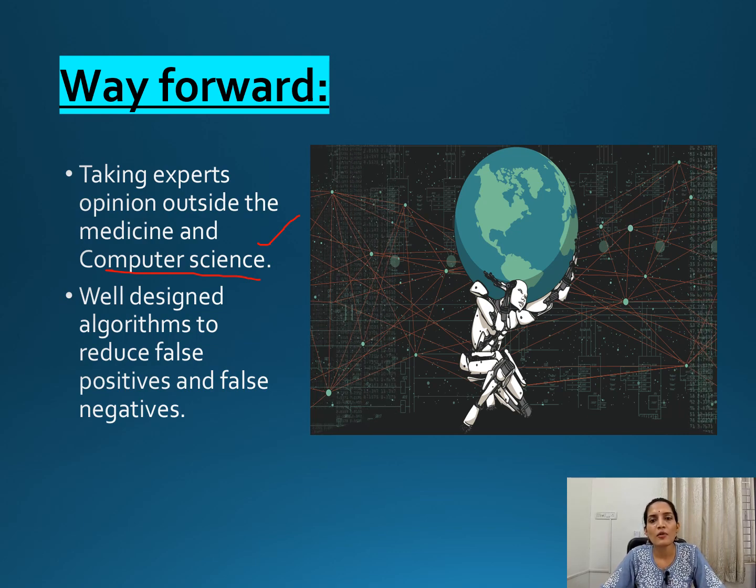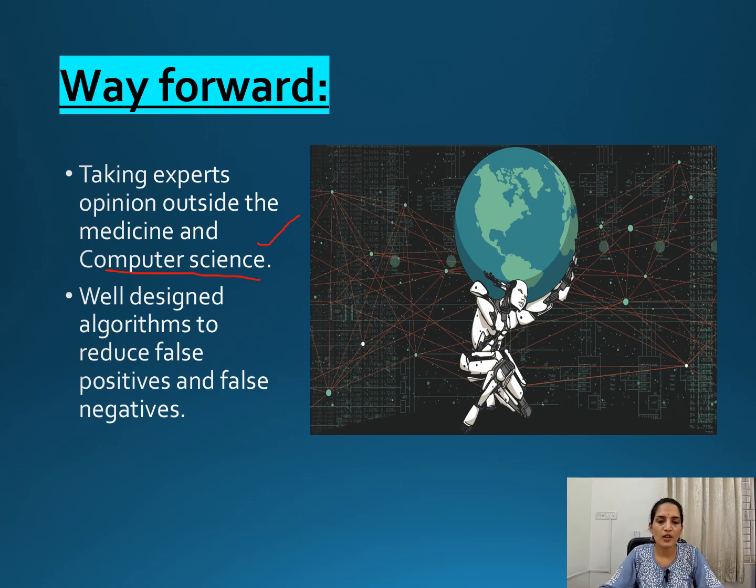In order to get information at the grassroots level and understand how this kind of technology is going to be applied there, you have to take expert advice from outside of these two branches of medicine and computer science.